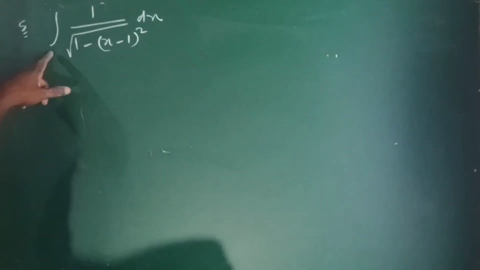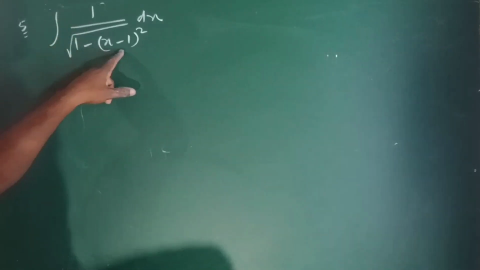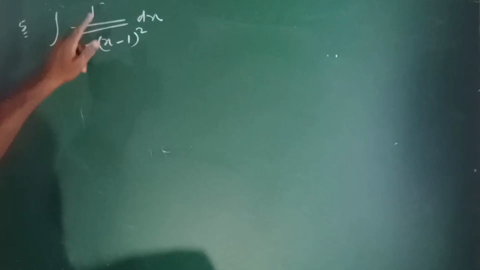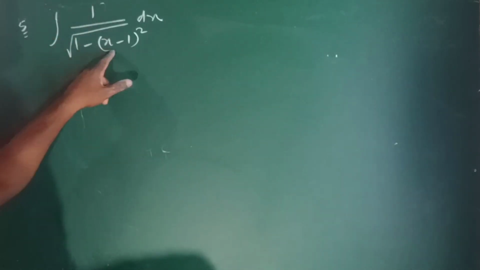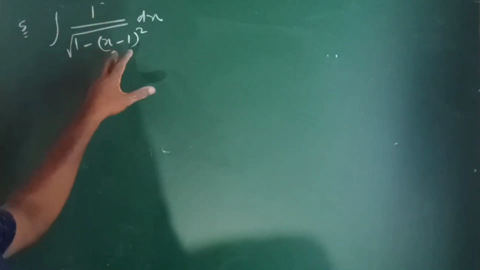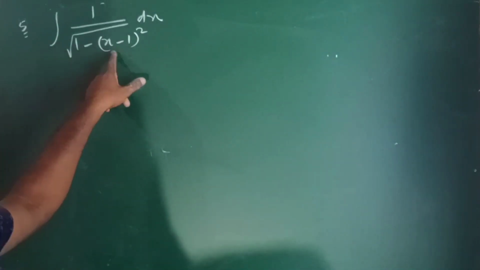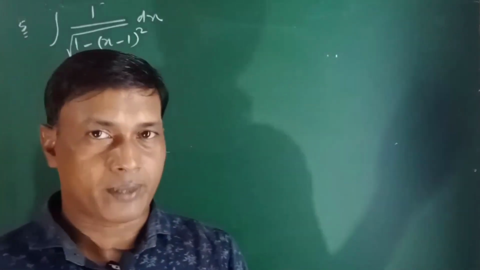Look here, it is given the integration of 1 upon root over 1 minus square of x minus 1 dx. Actually, this is in the form of 1 by root over 1 minus x square, which is the derivative of sine inverse x. That means the integration of 1 by root over 1 minus x square is sine inverse x. This is actually 1 minus x square, but x is replaced by x minus 1.